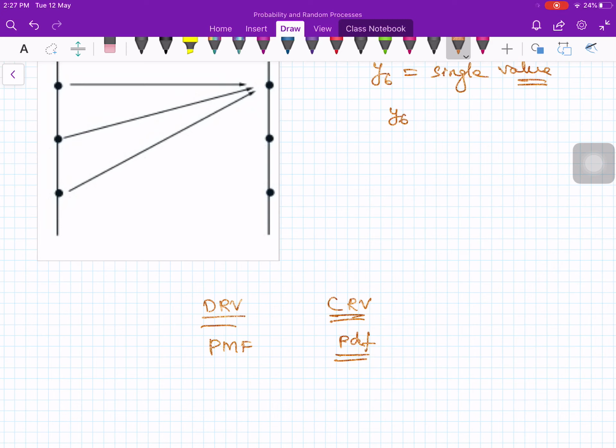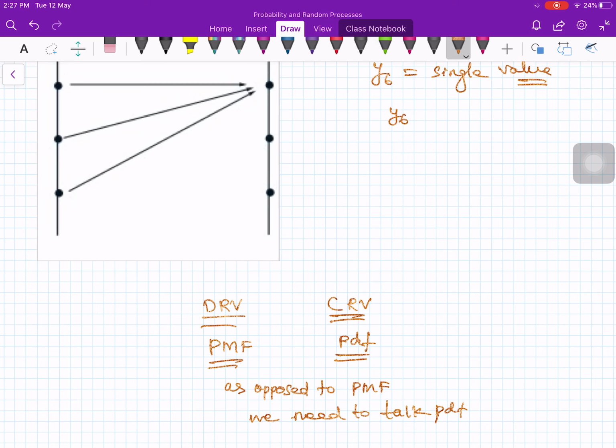So as opposed to the PMF, we need to talk about the PDF, the density function. Instead of talking about individual y's, we need to find the density of y.